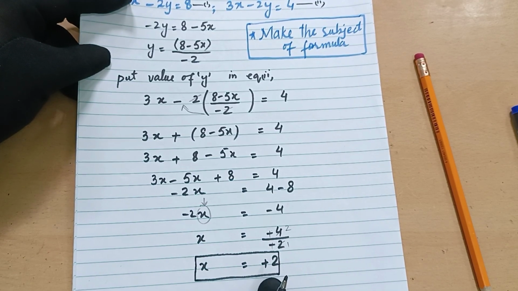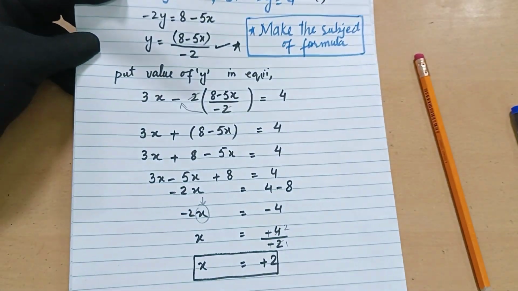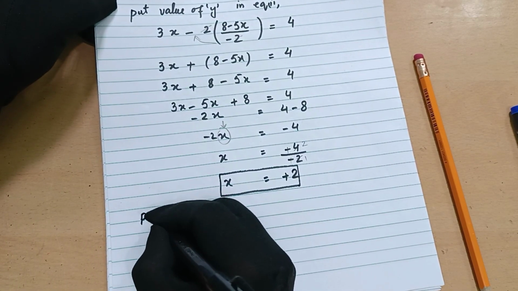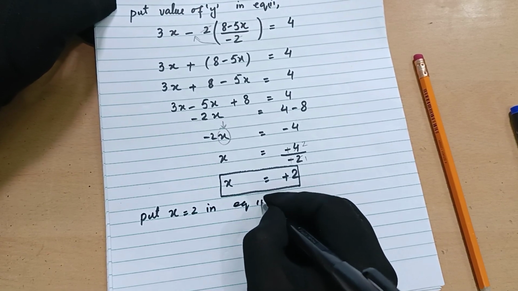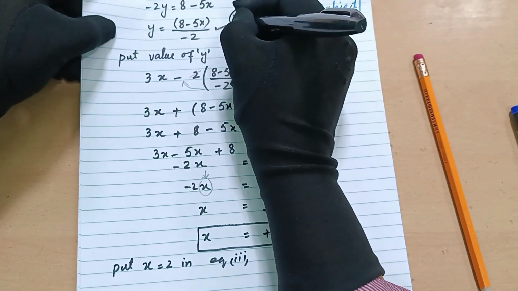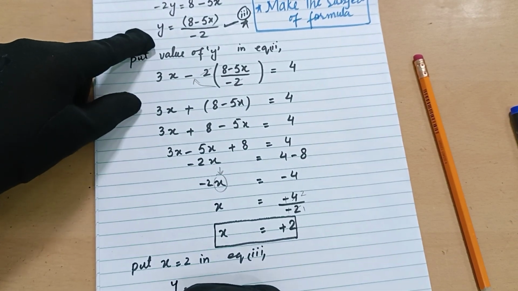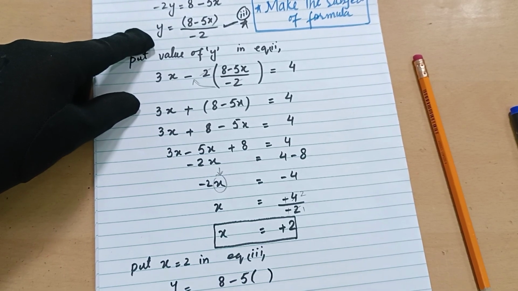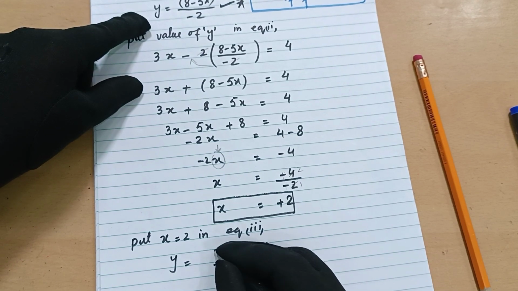Put this value of x in this expression to solve for the value of y. Okay, put x equals 2 in equation number 3. We can name this equation number 3. So here y equals 8 minus 5, keeping the value of x as it is in a bracket, divided by minus 2.